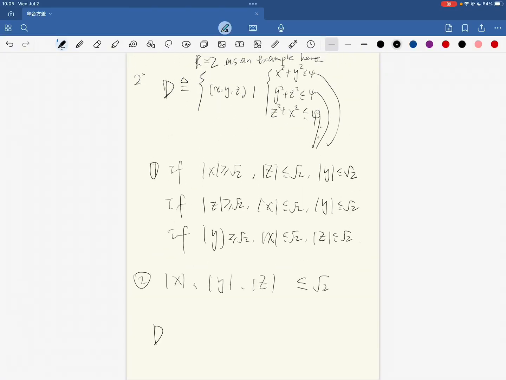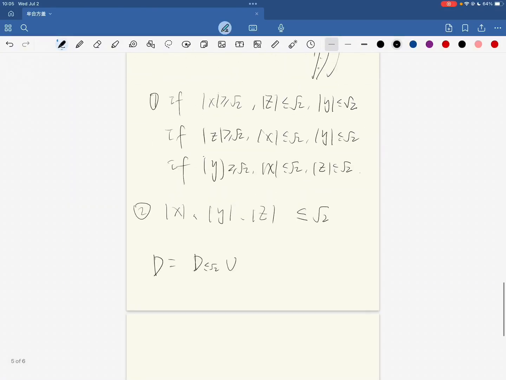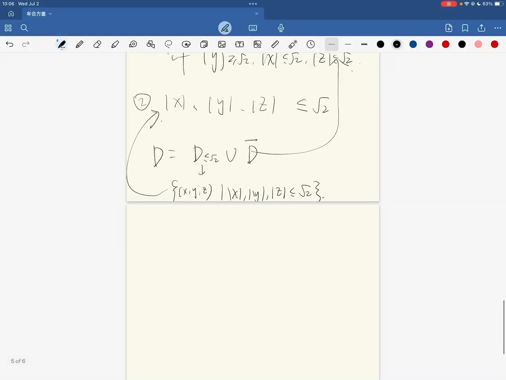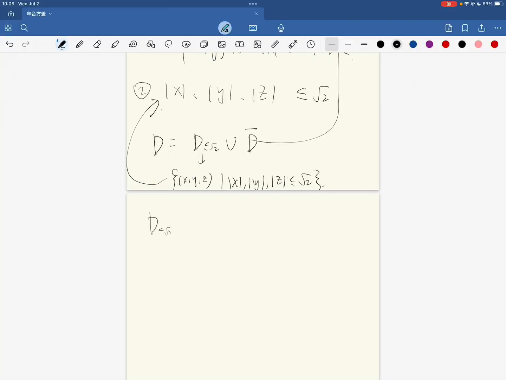So our D equals this, which corresponds to the second situation, and also this corresponds to this situation. Now it's easy to calculate.